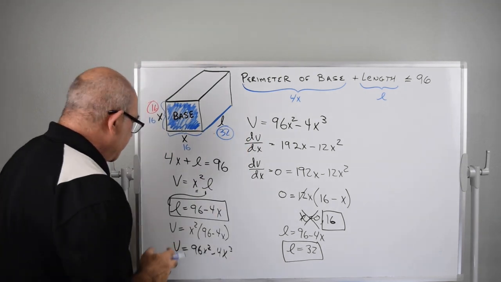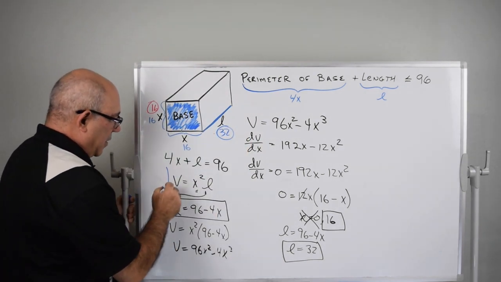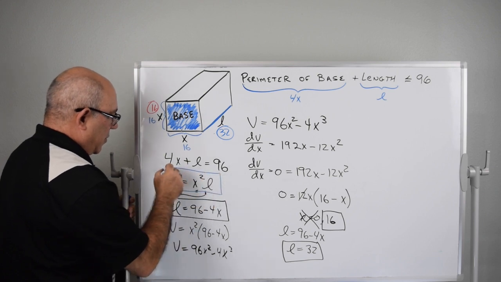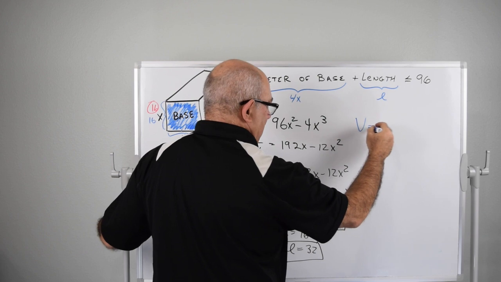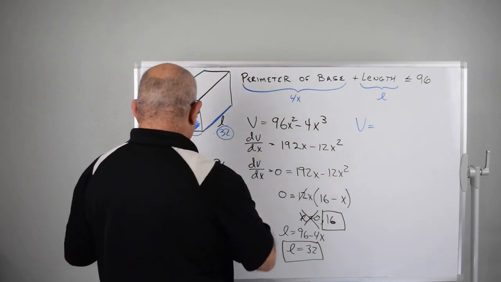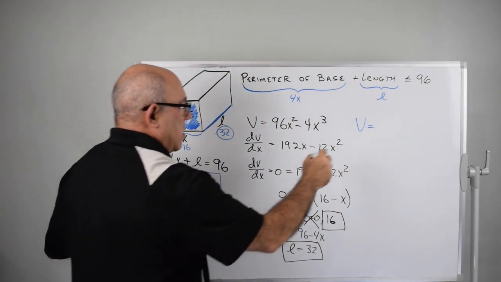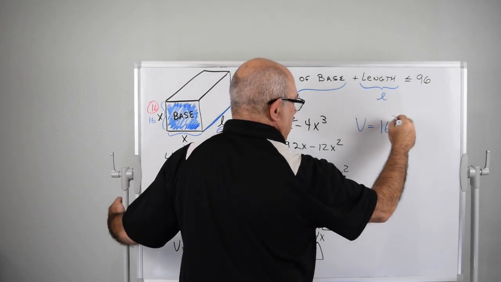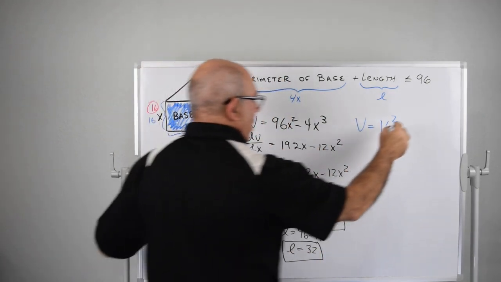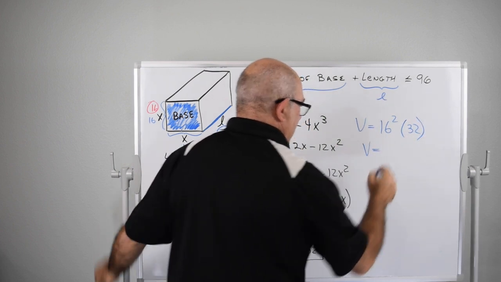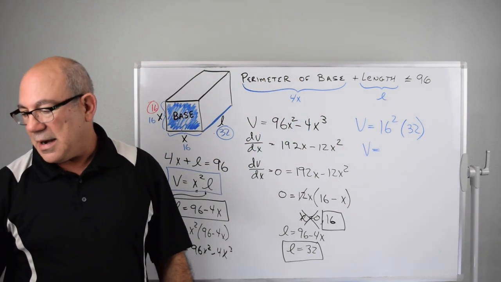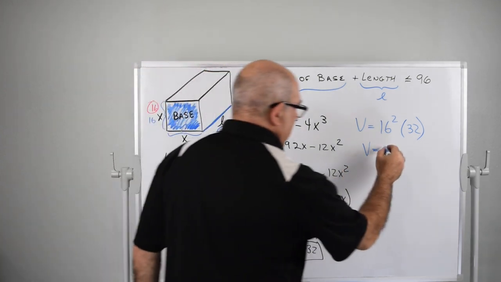Now, if we want to find the volume, we can use this formula over here. The volume is going to equal 16, which is x squared, times 32, and the maximum volume we can have is going to be 8192.